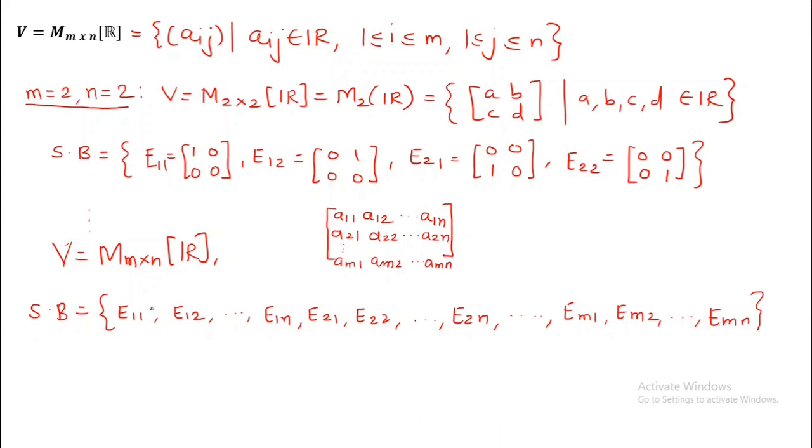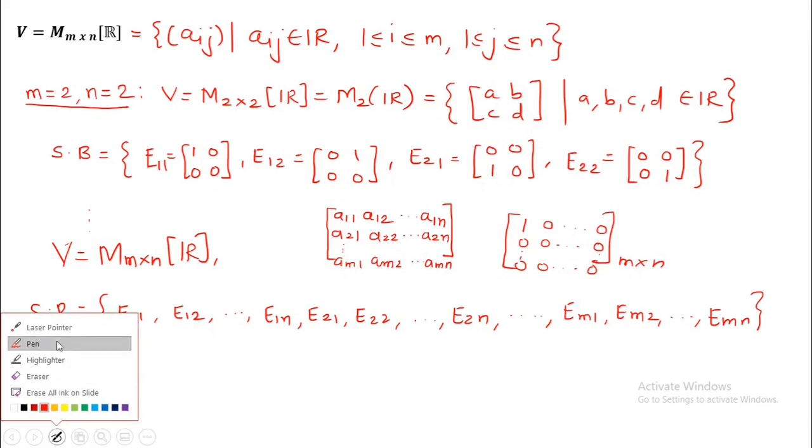Now note, what is E11? E11 is a matrix of order what? M cross N only, having 1 at the first position with rest of the entries as 0. This is the meaning of E11. Now what will be our E12?